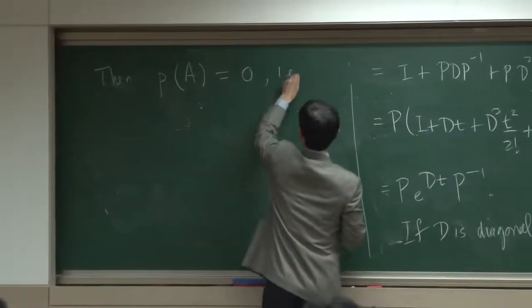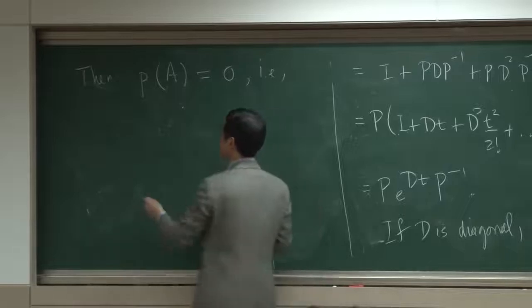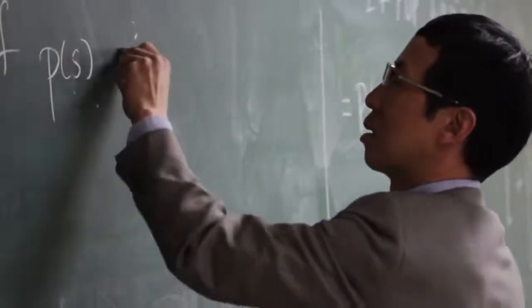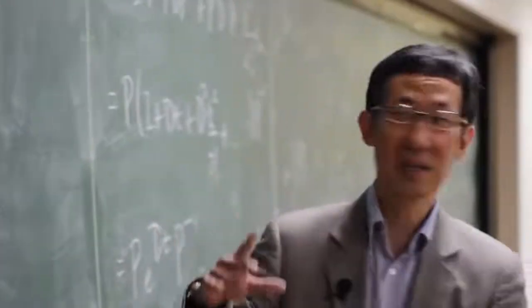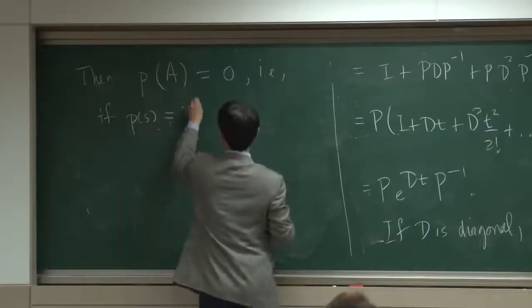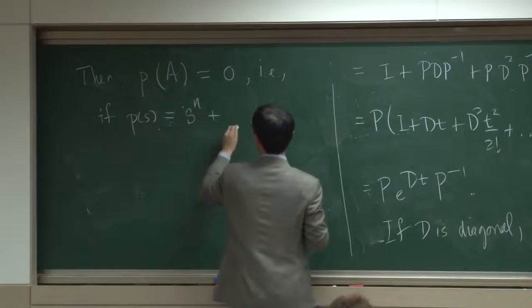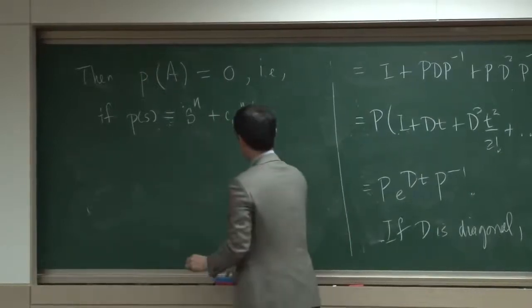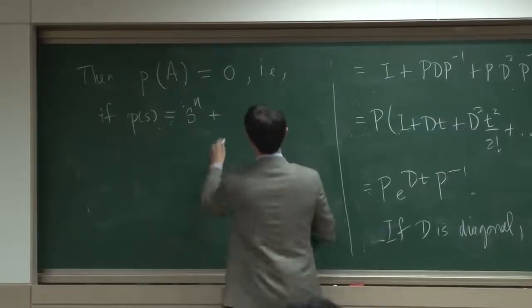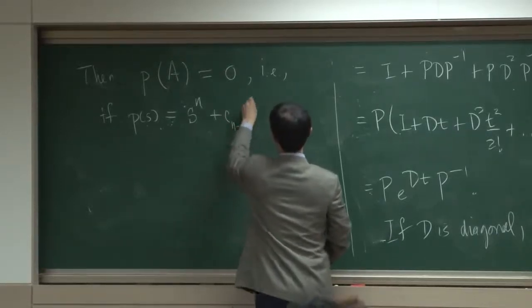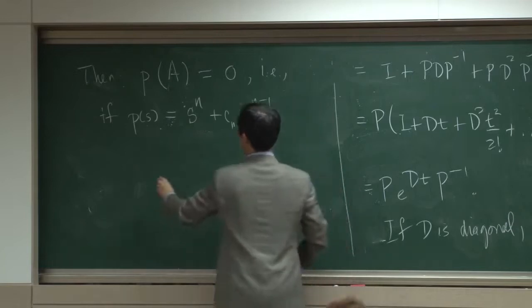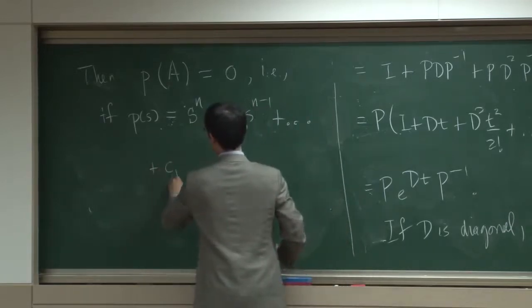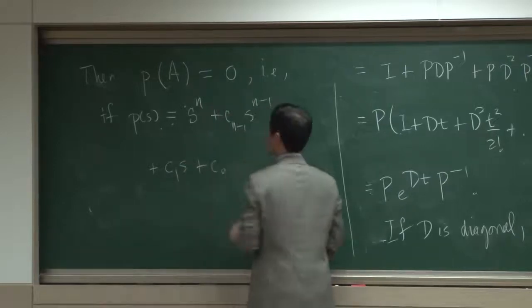What this means is that the characteristic polynomial is going to be a polynomial of degree n: s to the n plus c_(n-1) s to the n minus 1, plus dot dot dot plus c1 s plus c0.